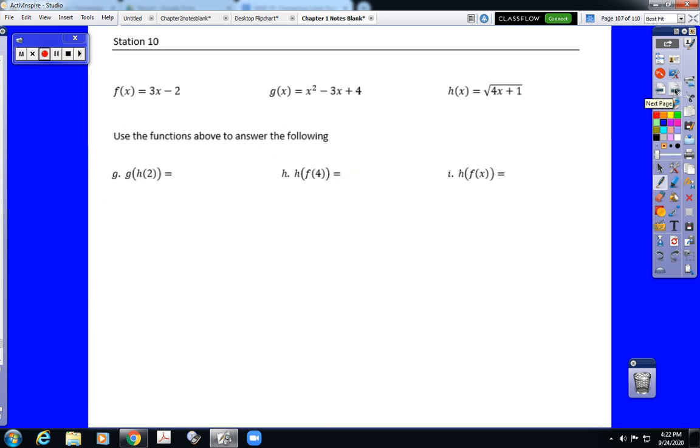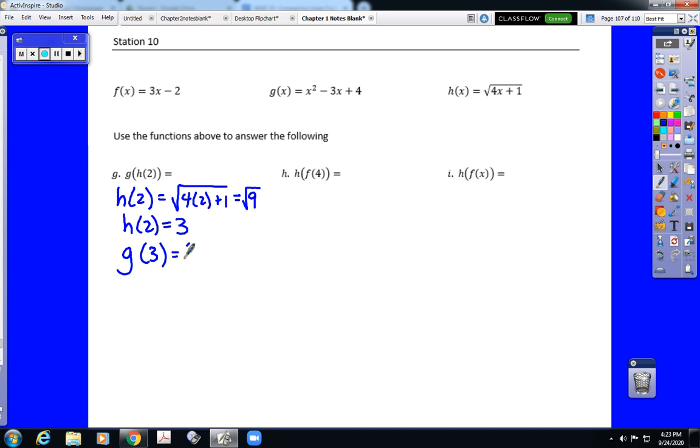Okay, g of h of 2 means that we need to do h of 2 first, which would be 4 times 2 plus 1 underneath the square root, which would be the square root of 9. So h of 2 is 3. Then we take that value and we plug it into g.